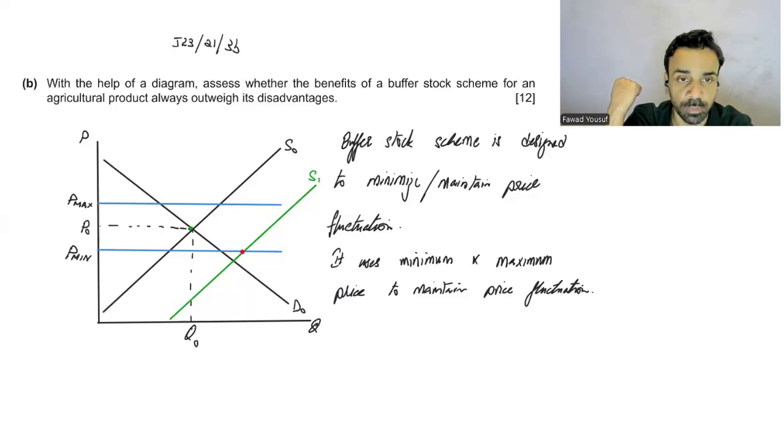Anything below this level will be illegal. So now the minimum price has become effective. When the supply curve went right and P minimum is above equilibrium, obviously this is not allowed. So as a result, we can see there is a surplus in the market.